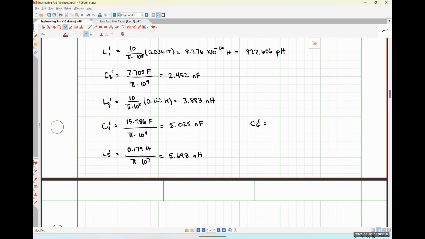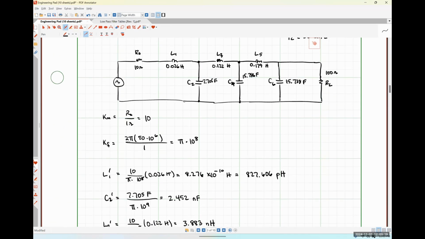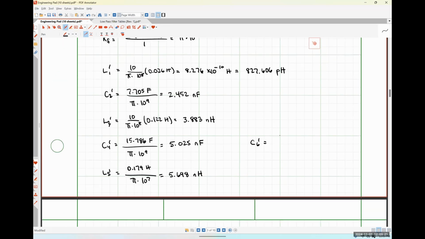And let's see, that's going to be 15.738 over pi times 10 to the 9, which is 5.0095. So let's put 5.010 nanofarads.